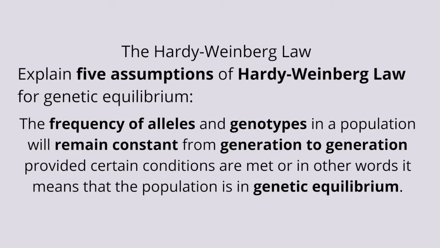The next method that we can use to calculate the allele frequencies is the Hardy Weinberg law. According to the Hardy Weinberg law, the frequency of alleles and genotypes in a population will remain constant from generation to generation, provided certain conditions are met, or in other words, the population is in genetic equilibrium.